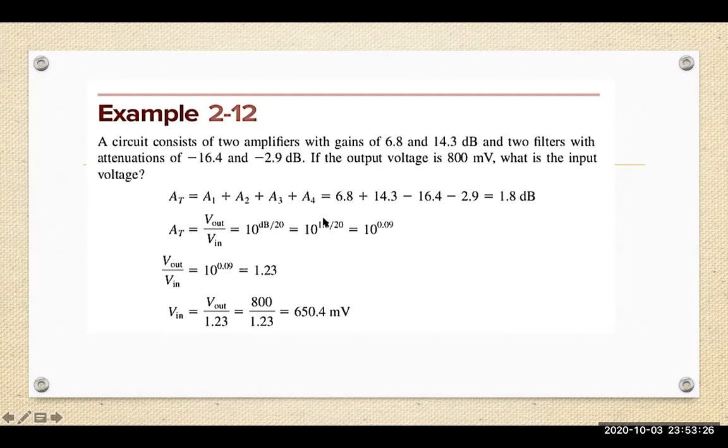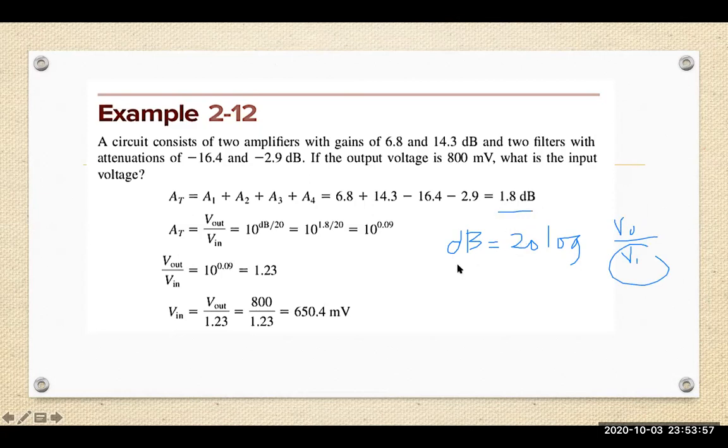So recall the formula, 20 log, right? Let me get my pen here again. Recall the dB value for the voltage: that's 20 log of the ratio of the output over the input. We are asked to solve for the input, so we need to get the unitless value of this 1.8.